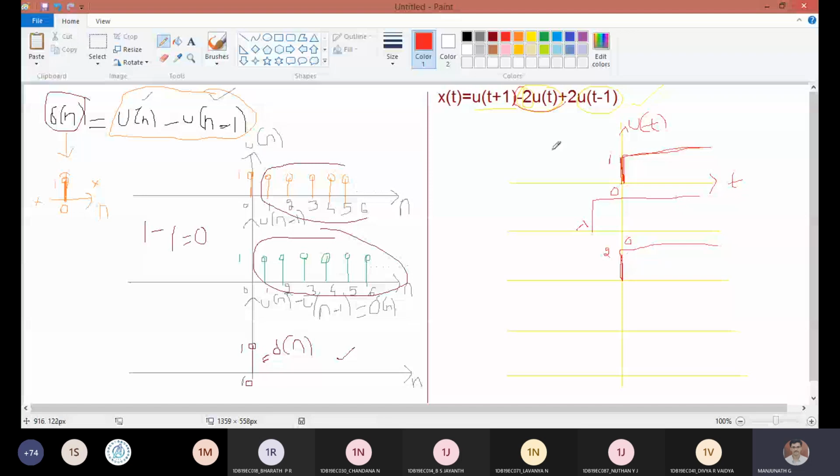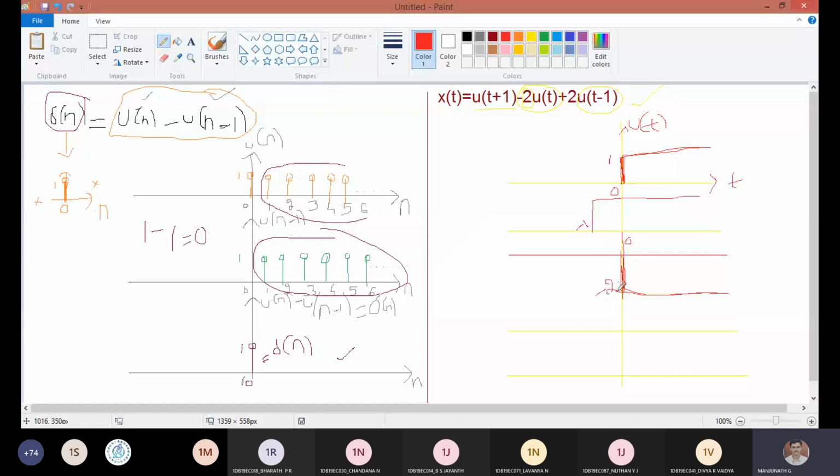Let me adjust a little bit upward so that I have space further. Anyway, it will come towards the negative side. Let me trace the negative part. How does the negative part look? It will come downwards, but how much should the amplitude be? Minus 2. So this is my second category.